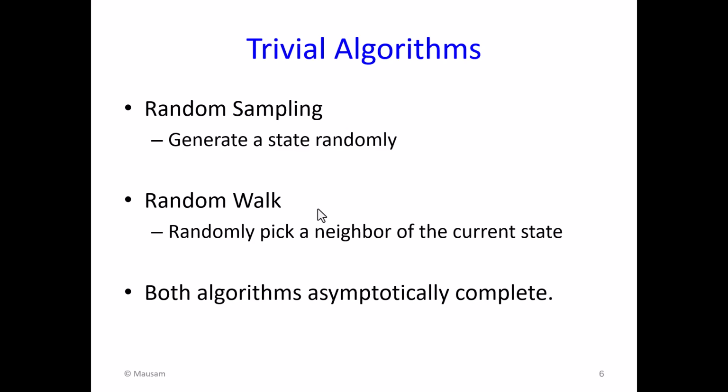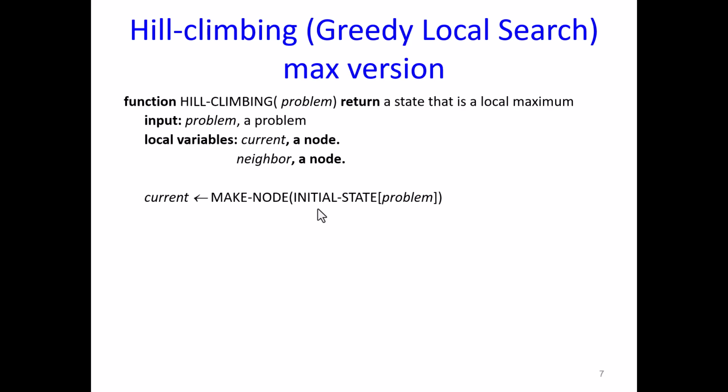Random walk, which is randomly pick a neighbor of the current state, that is one way. But both algorithms are asymptotically complete. They're complete, but to an asymptote, it can take a long time, non-exponential, but probably not optimal. So later we'll talk about hill climbing.